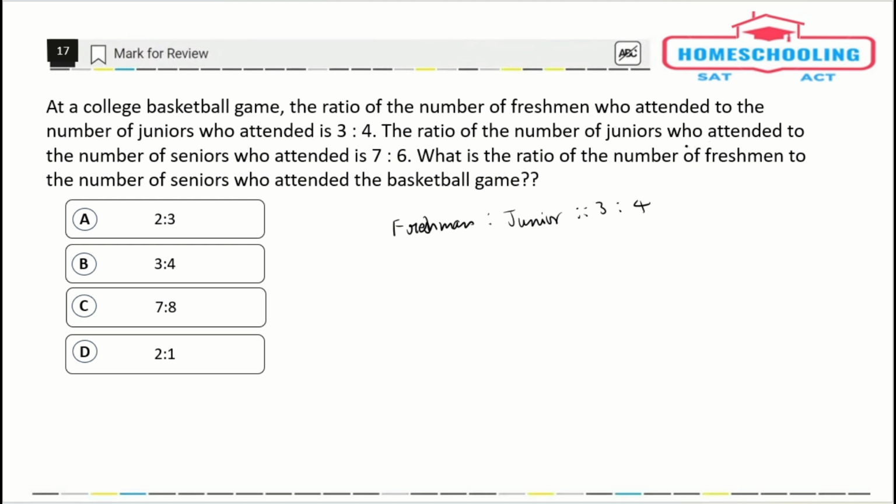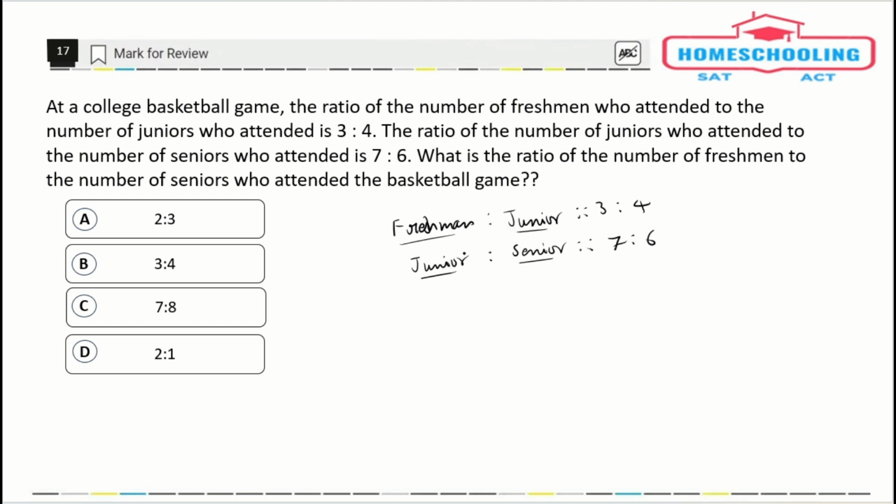And the ratio of juniors who attended to the number of seniors who attended is 7 is to 6. So junior and senior ratio is 7 is to 6. So as we can see, we have three ratios here of freshman, junior, and senior.